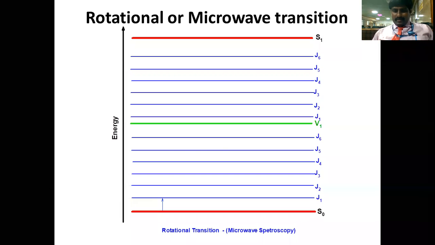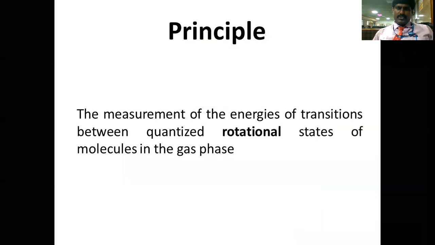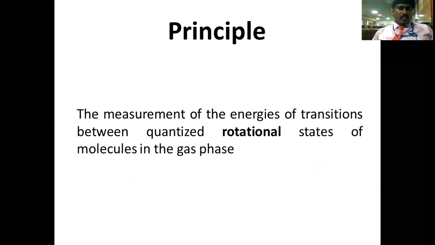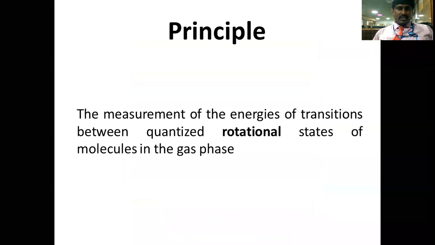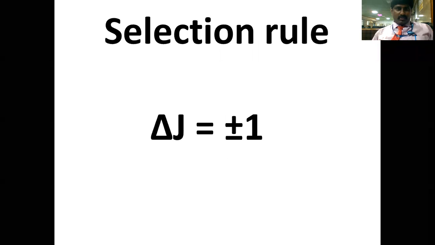The principle of microwave spectroscopy is the measurement of energy of the transition between the quantized rotational energy levels in the gas phase. This is the principle of microwave spectroscopy.